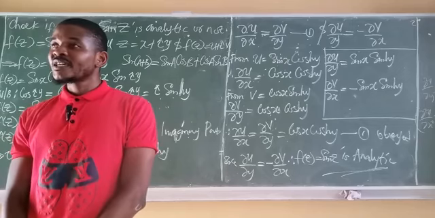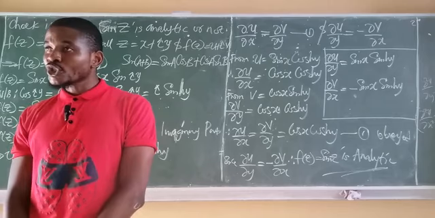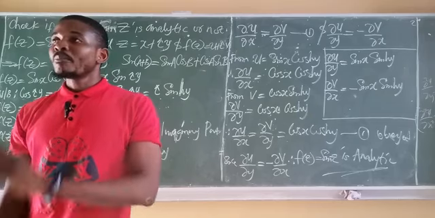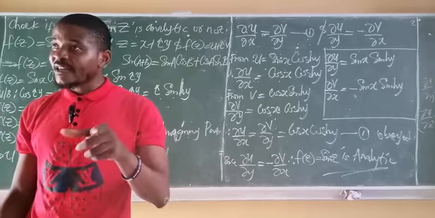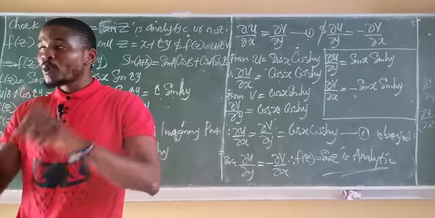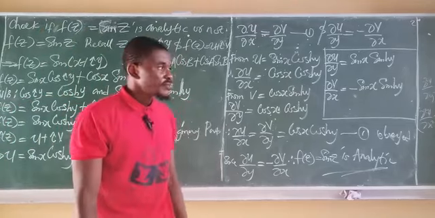Yes, it will give that because it's a hyperbolic function. When you differentiate cosh, it gives you a positive sign. But if you differentiate sinh, it gives you a positive cosh.